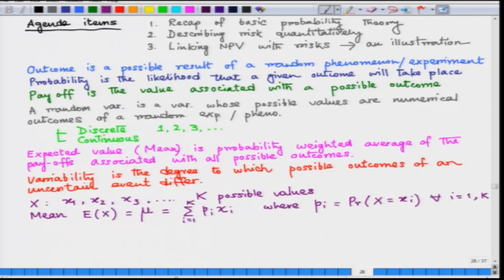So, let me give a simple illustration here, probably it will help you to understand what is happening.